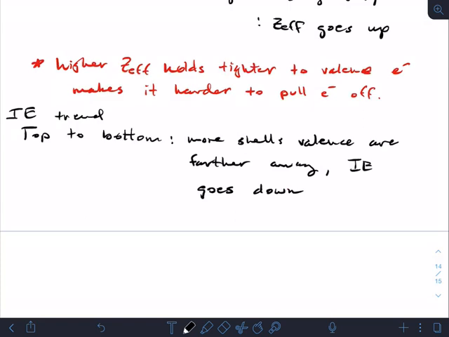So it costs less energy to pull off electrons for larger atoms.